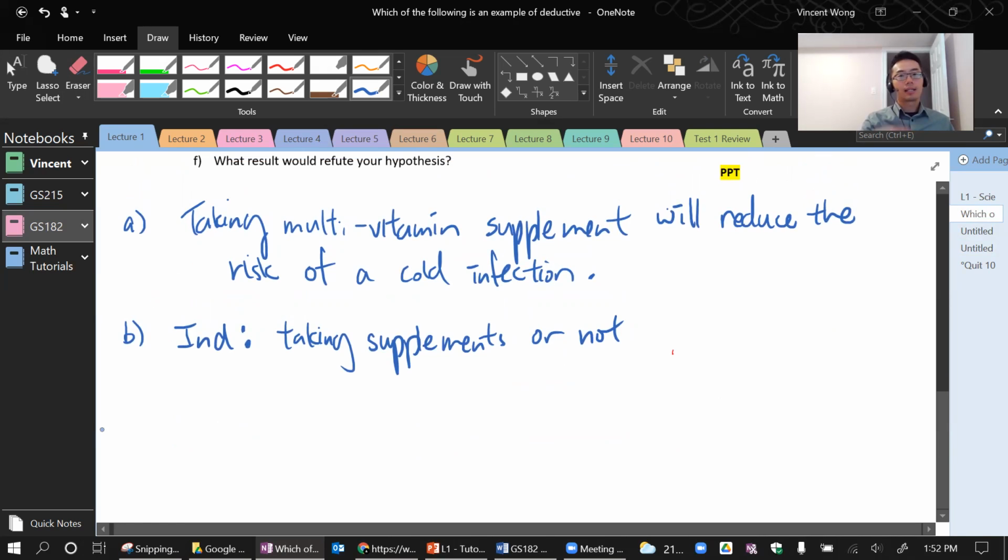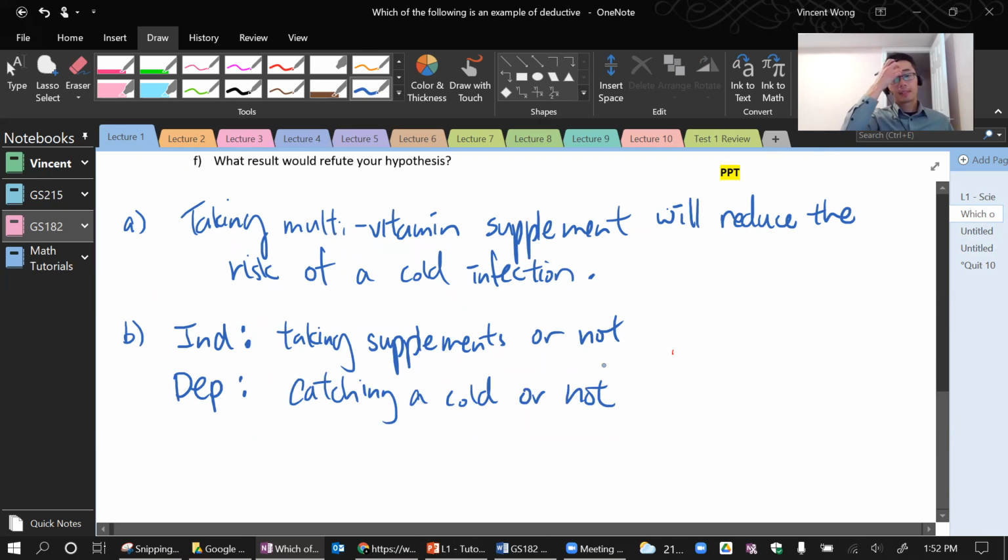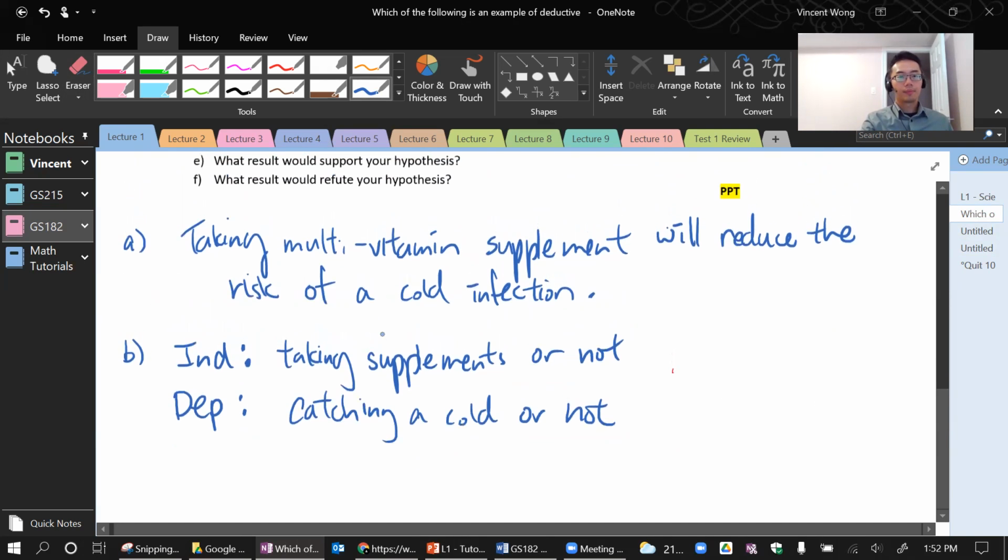I can decide who to give the vitamins to. Dependent variable, right? The thing that I'm going to be observing, measuring, assessing, that's going to be whether the people catch a cold or not. Okay, so that's independent and dependent variable.